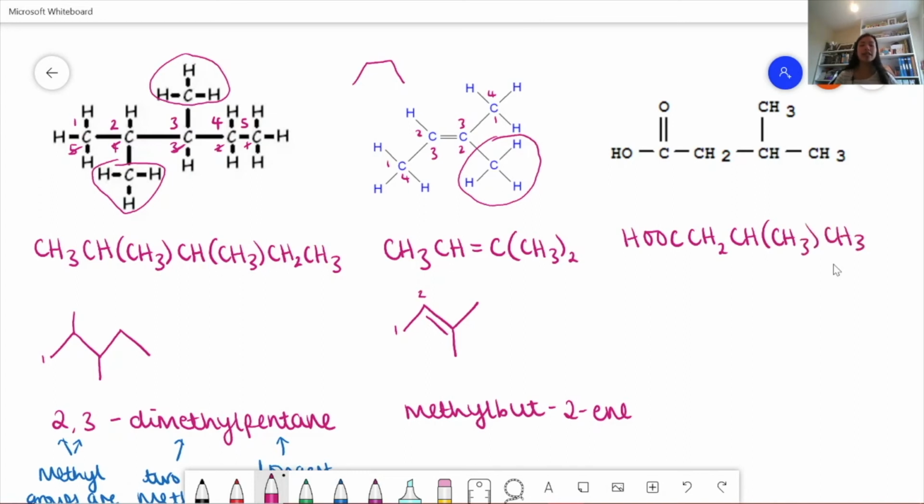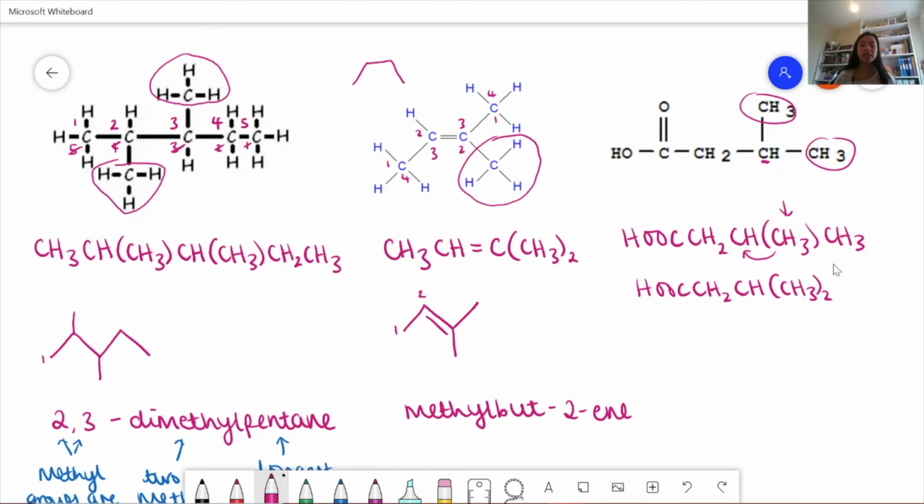So how we read it is that the thing in the brackets is attached to the carbon which is to the left of it and not to the right. We could, however, also write this HOOC, CH2, CH, and then a bracket CH3 and 2, because we can see that there are two of these groups attached to this carbon, but it doesn't actually matter which way we write it.